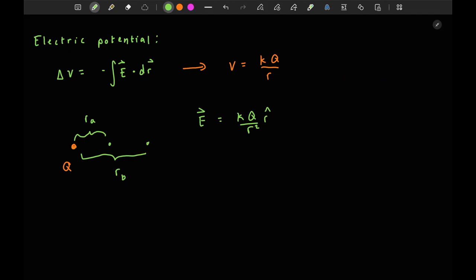And so we can say that delta V is equal to minus integral KQ over R squared dr, evaluated from RA to RB. More precisely, this would give us the difference, V of RB minus V of RA.